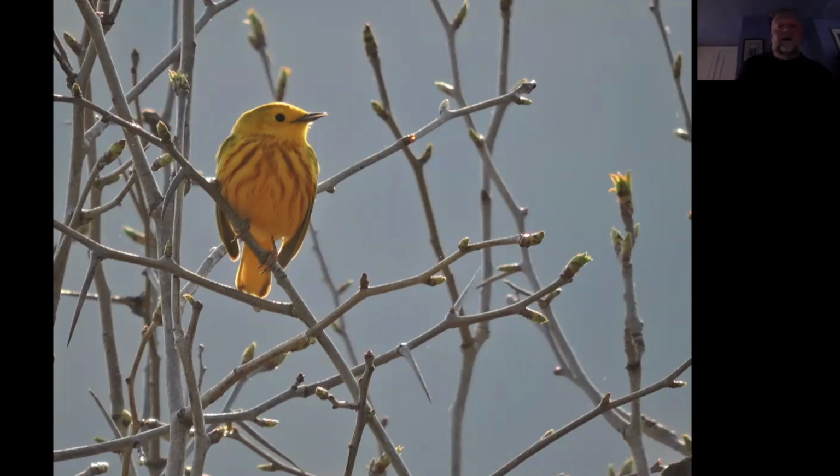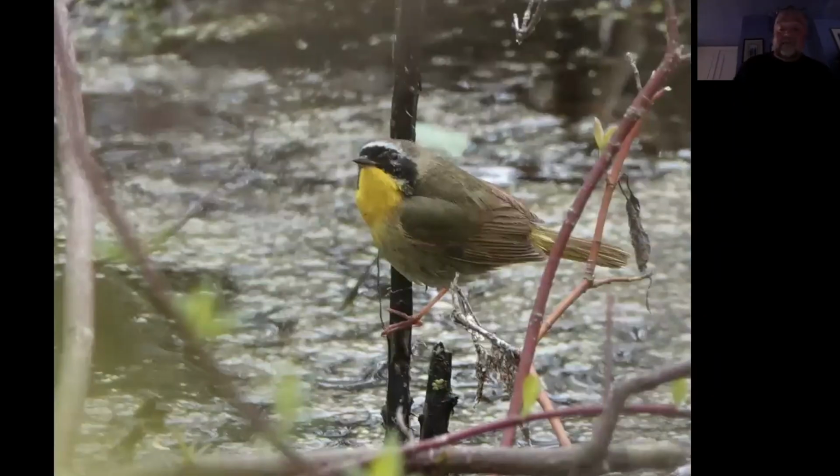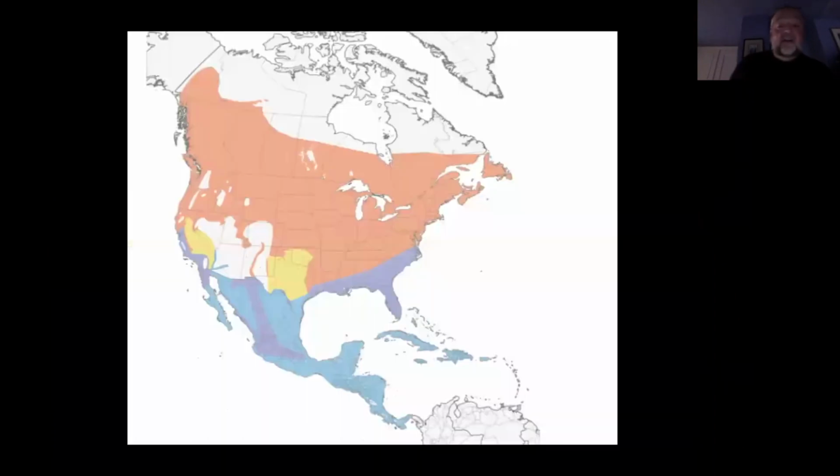Another neotropical migrant with a very, very extensive range is the common yellowthroat. And here you see that this is a little bit of a fudge to call it a neotropical migrant, because quite a few of them do winter in the temperate zone of the southeast, but many of them do indeed go into tropical areas.